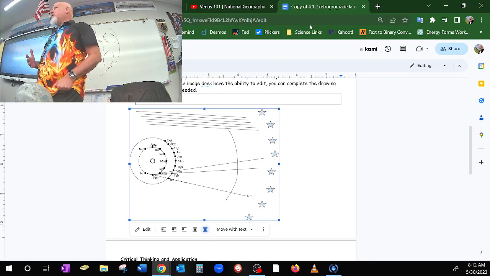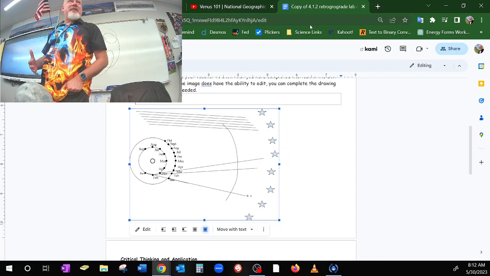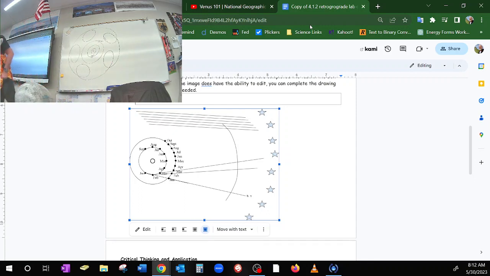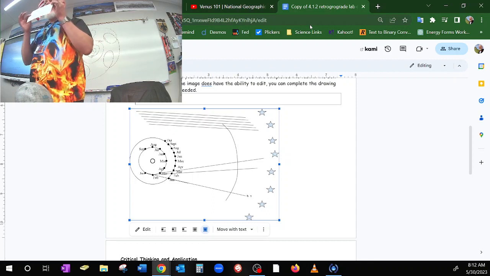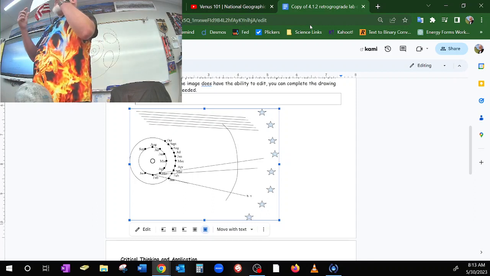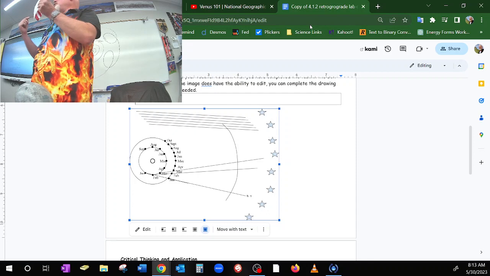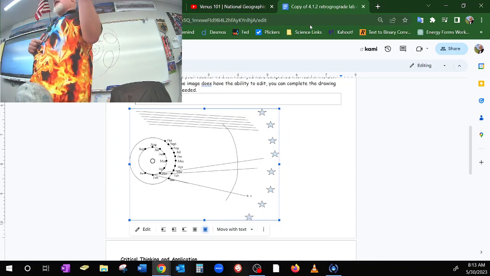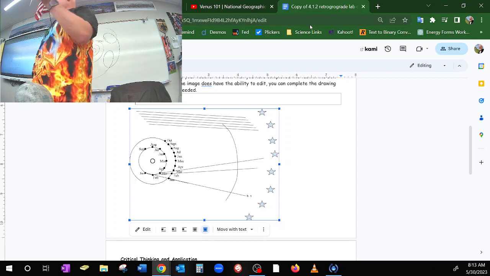Some of you guys I know are a little bit challenged in using the computer. I got your back. I printed off a bunch of these sheets right here, which is the same picture. If you want to, you can use a ruler and a pencil and draw the lines old school style on here.